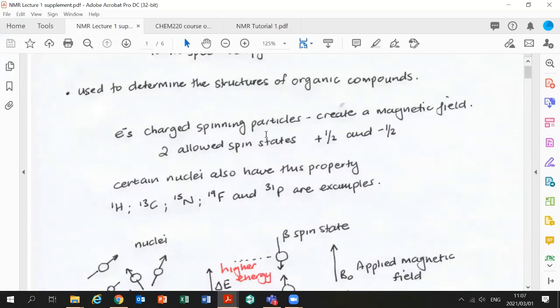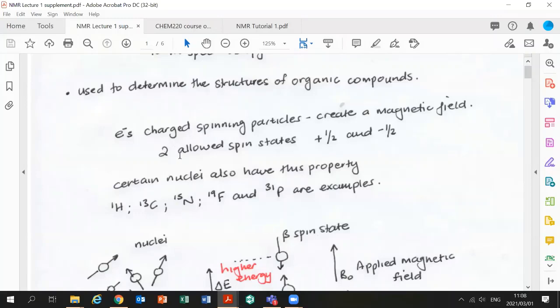Much like how the Earth spins around its axis and then has a particular orbit around the sun, electrons also spin, and when they spin, they create a magnetic field. That magnetic field has consequences in many different fields. So we use the charged spinning particles of electrons in varied fields in science. You can read up about that. You're probably familiar with some from your first year.